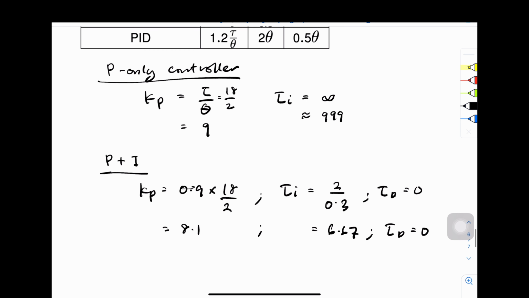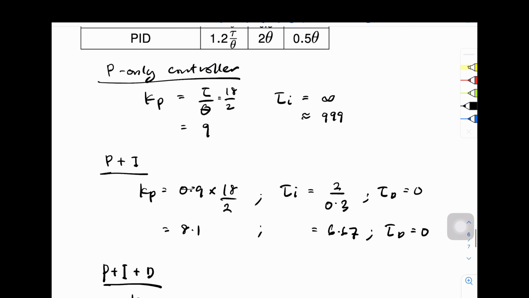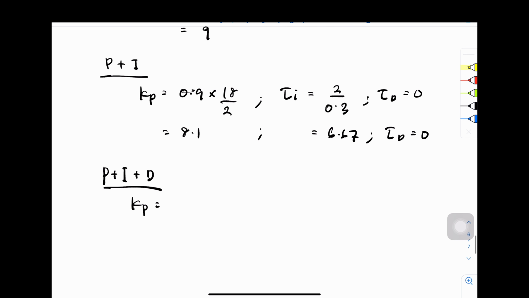And for the proportional, integral, and derivative controller, P plus I plus D, we have Kp, which is this one, 1.2 times tau over theta. 1.2 times tau, which is 18, over theta.